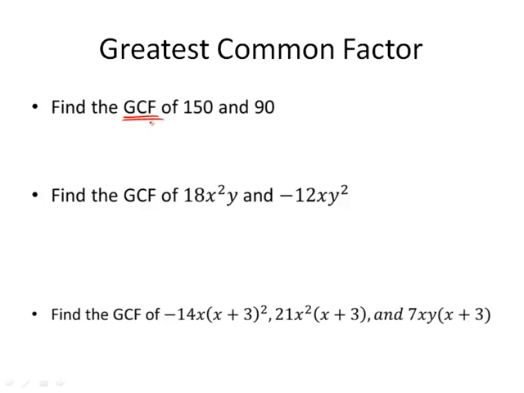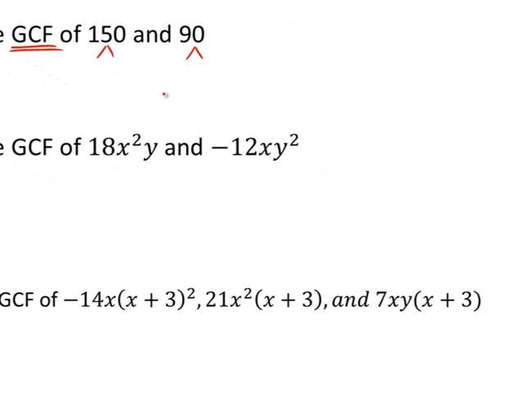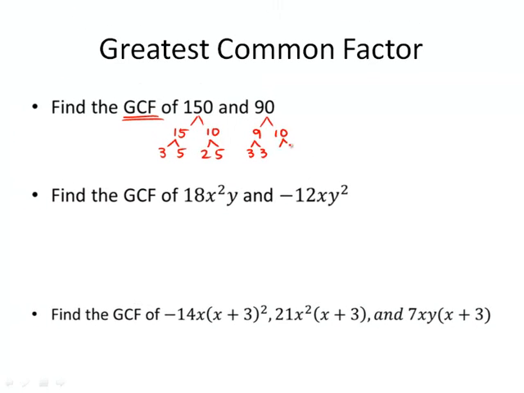Some of you may recall a method for finding the greatest common factor, and it often involves breaking the number down into its prime factors. So 150 is 15 times 10, and 15 is 3 times 5, 10 is 2 times 5. 90 is 9 times 10, 9 is 3 times 3, 10 is 2 times 5. So we have prime factorizations for both numbers.